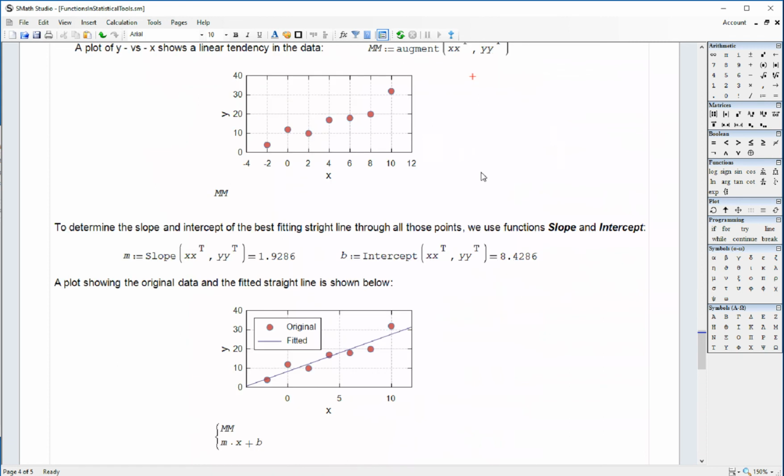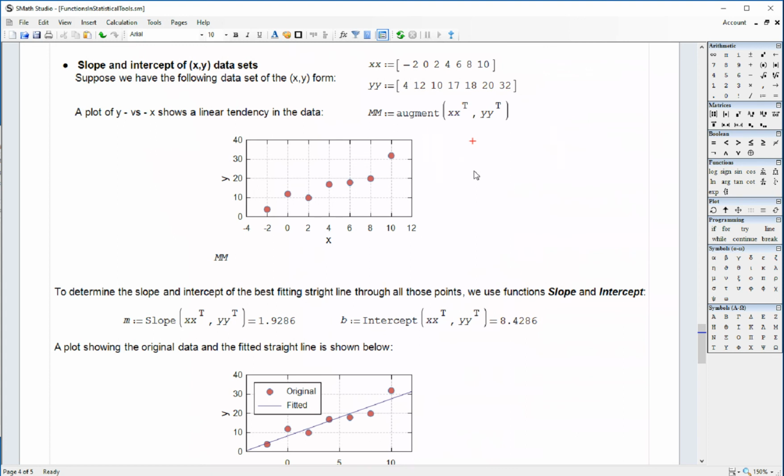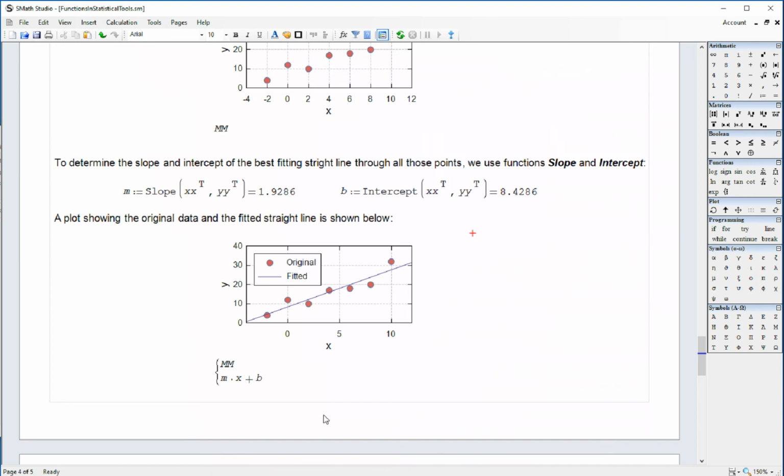And so statistical tools has a function called slope that will give you the slope of the line, representing the best fitting line to those points. And then there's also a function called intercept. And remember, the straight line is simply slope times x plus b. And so in here, I'm showing the original data and the fitted data.